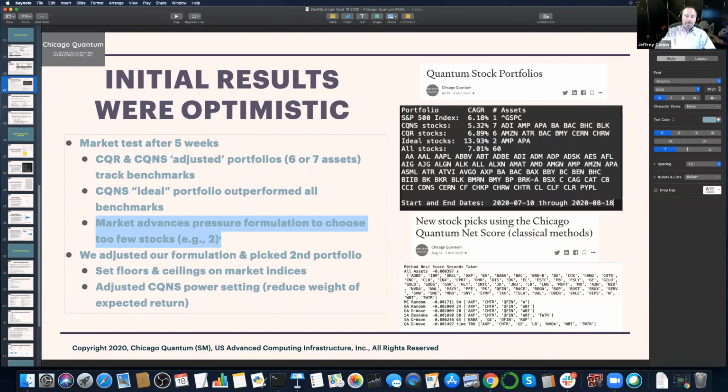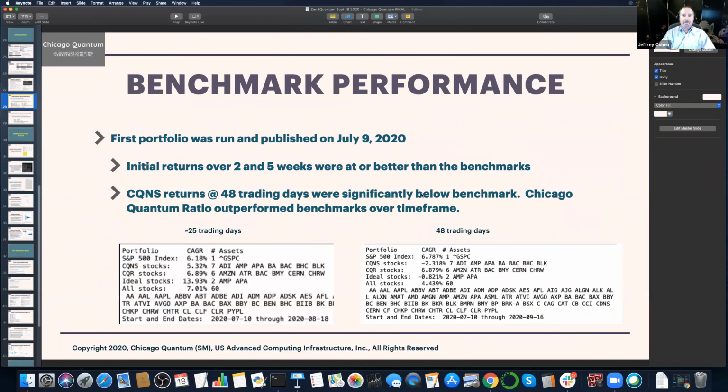But the more the market kept going up, the smaller the portfolio. So state of play, 2 stocks, you really lose any benefit of diversification. And what we found is after 48 trading days, like you said, something happens. The price of oil drops, or the CEO says something, and it's an anomaly event. So at 25 days, we look like heroes.